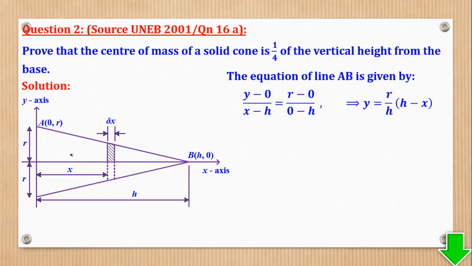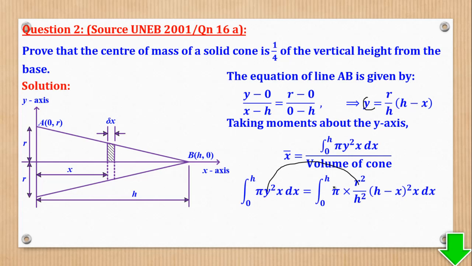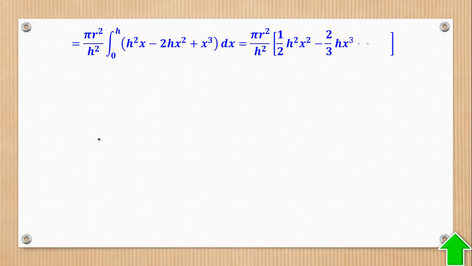So the equation is got by equating gradients, which is this. So taking moments about the y-axis, we have that formula. So the numerator, good enough, we have y, so in the numerator we shall substitute for y, simplify, and then integrate. So let's do that in the next slide. Then we substitute limits.